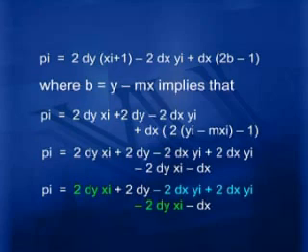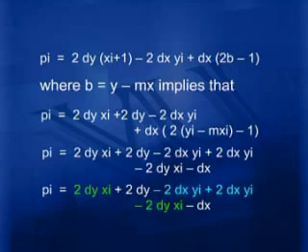So the relation would read now that pi is equal to 2 dy x1 plus 2 dy minus 2 dx y1 plus dx multiplied by 2 times y1 minus mx1 minus 1. یہ آخری حصے میں 2 کے بعد پیرنتھیسائز جہاں پر لکھا ہوا ہے ہم نے y1 minus mx1, here we have replaced the value of b.